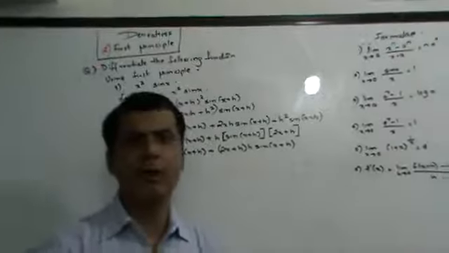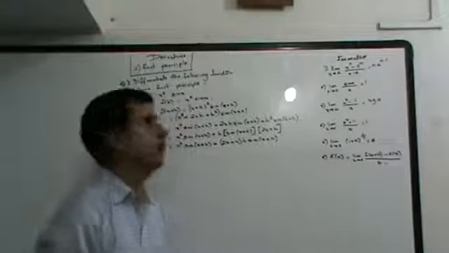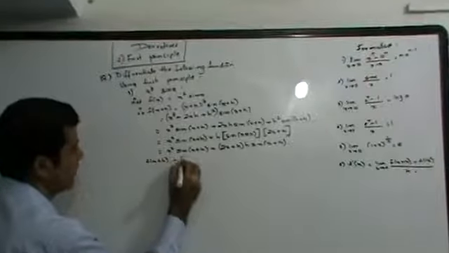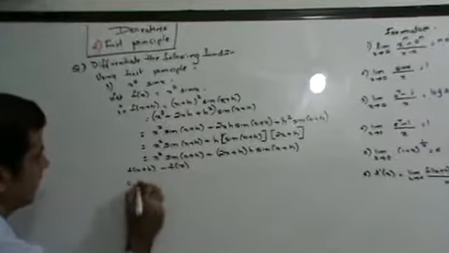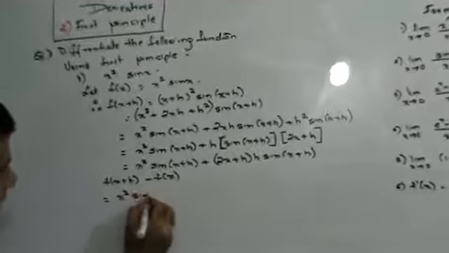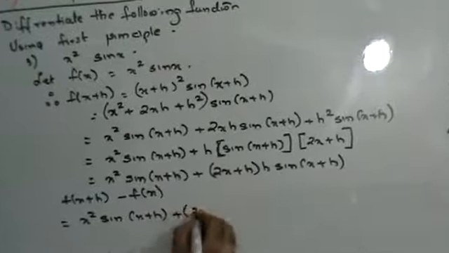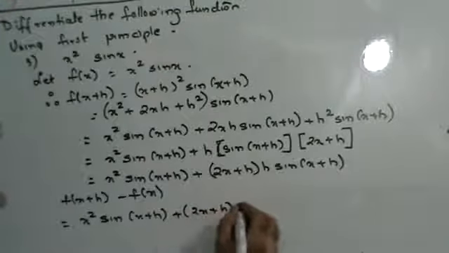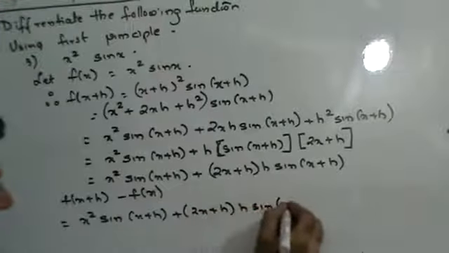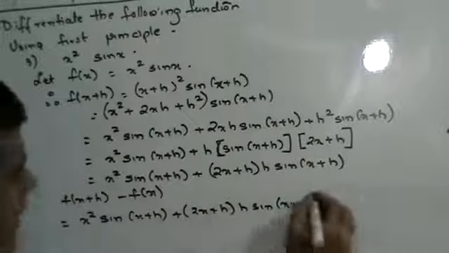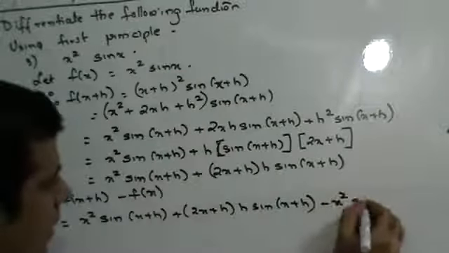Now once you have the value of f of x plus h, the next thing that you have to do is find out f of x plus h minus f of x. This is nothing but x square sin(x plus h) plus (2x plus h) sin(x plus h), that's my f of x plus h, minus x square sin x.